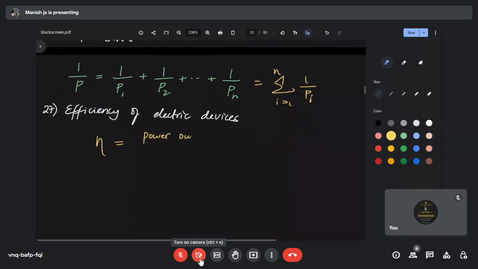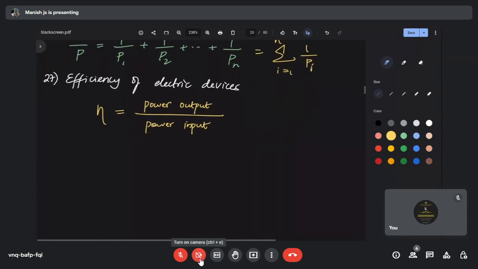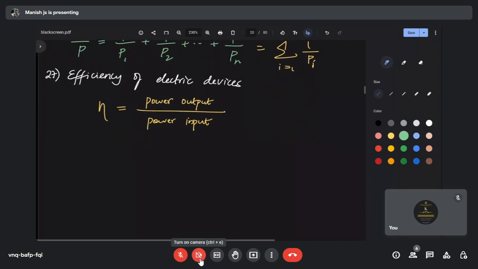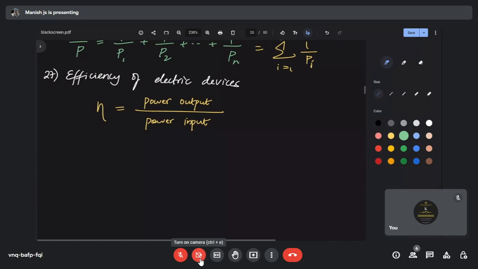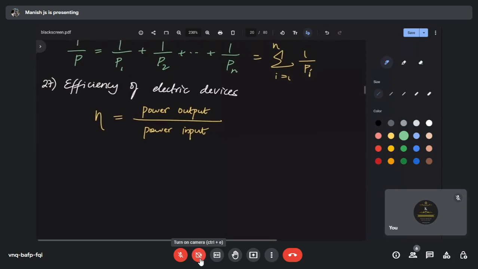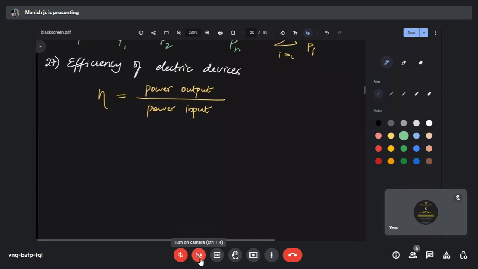So you can say power output upon the power input. The same way you can also calculate percentage just by multiplying it with 100. So you get the percentage also.